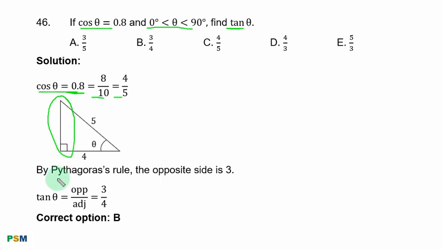By Pythagoras rule, the opposite side is 3. Therefore, tan theta, that is equal to opposite over adjacent, becomes 3 over 4. The correct option is B.